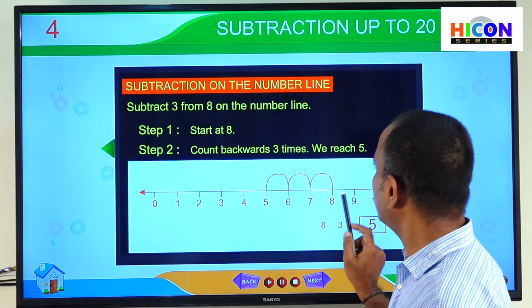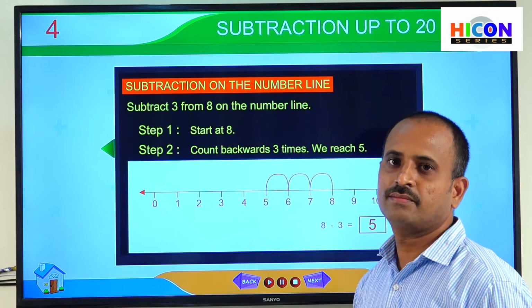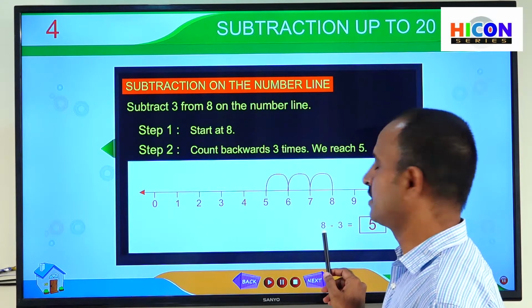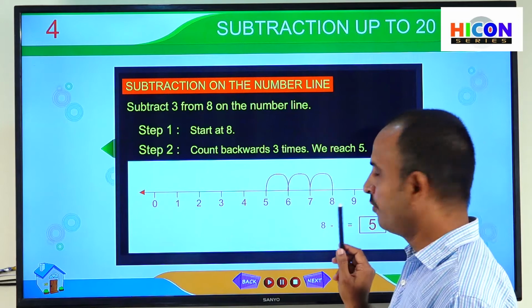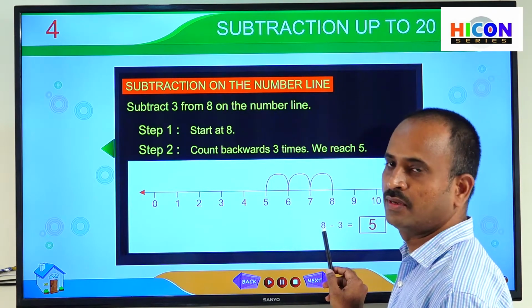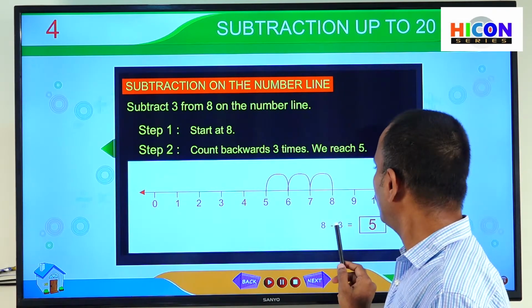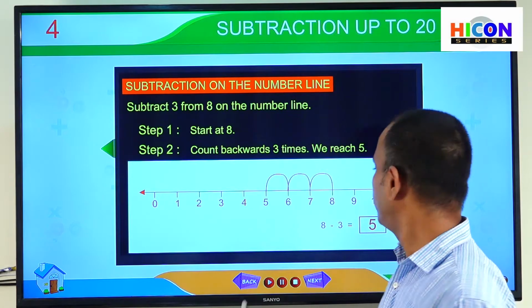So children, this is how to subtract numbers on the number line. In the subtraction, we start from the number which is given first. The first number is 8, so start from 8. The second number is 3, so move 3 steps backward. Then we get the difference.